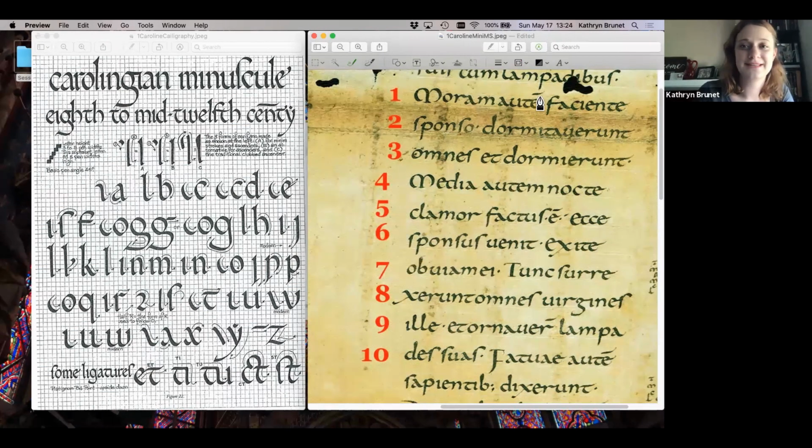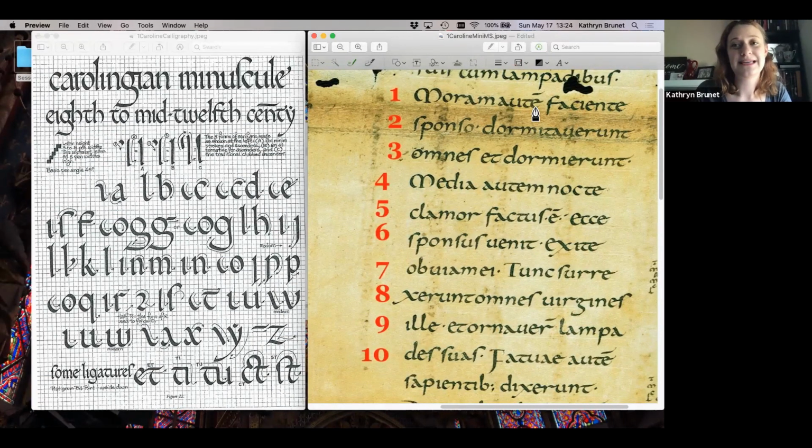So above this E, we have a line. And this is our first taste of abbreviations. So I mentioned before that you don't need to know what the abbreviations are in order to do this. That's totally fine. And when you transcribe, you would write M-O-R-A-M. This is a space here, and that's just a Latin thing, moram and autum.